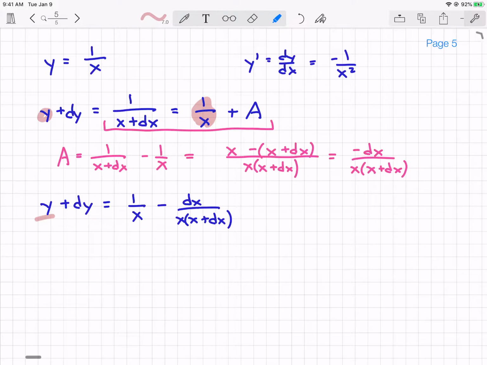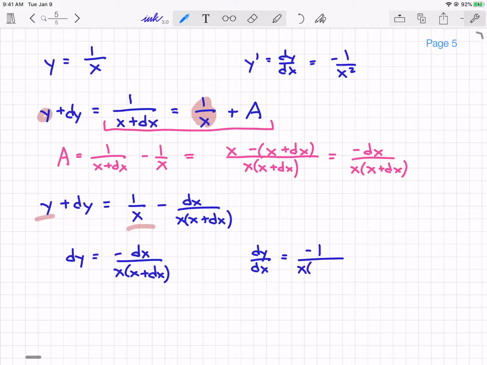I can get rid of my y and 1 over x. So I've got dy equals negative dx over x times x plus dx. Divide both sides by dx, and I get dy over dx equals negative 1 over x times x plus dx.